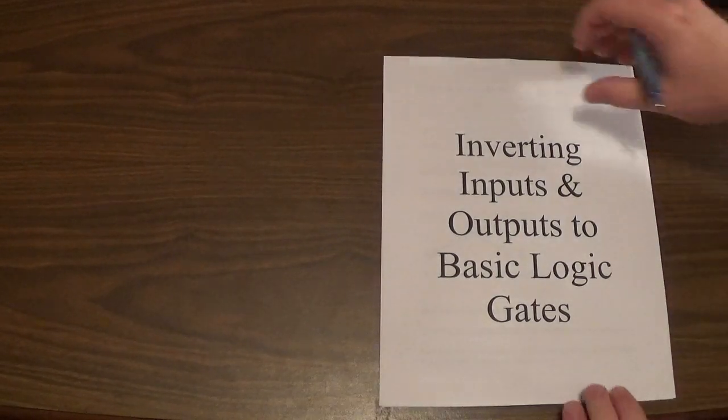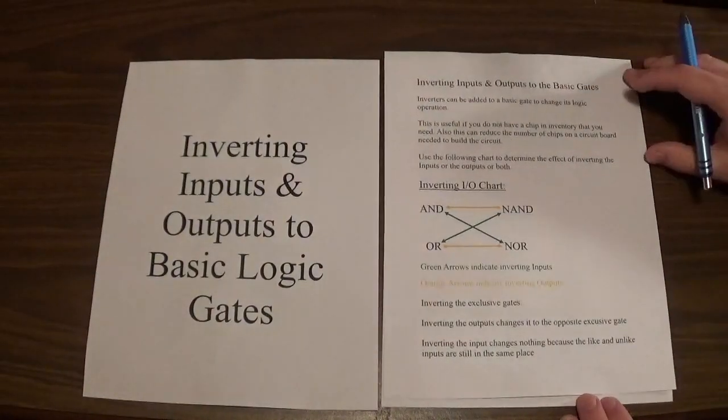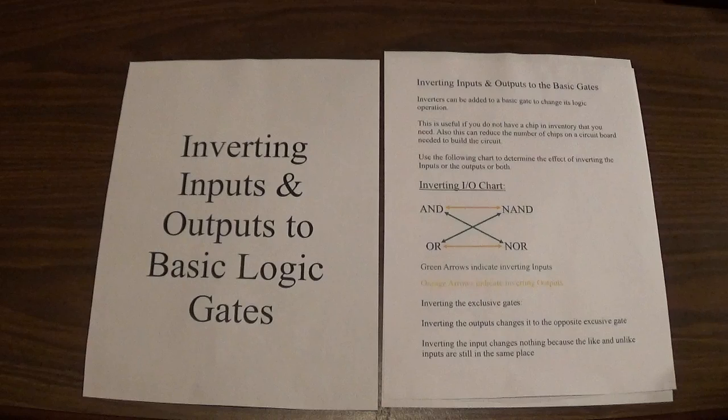Okay, inverters can be added to the basic gate to change its logical operation. So by either doing inverters on the output or inputs or both, we can change how the final output behaves. So this can be beneficial because we can reduce the number of chips that we have to keep on hand.